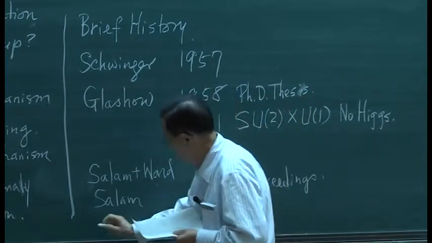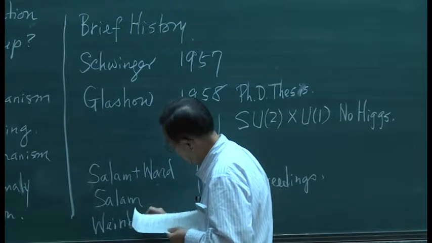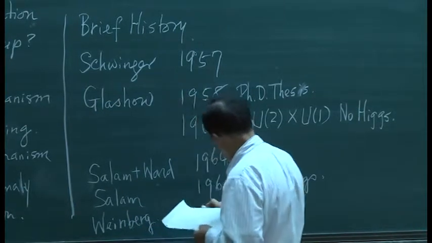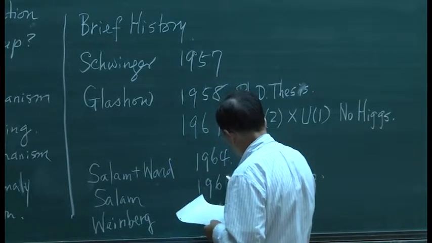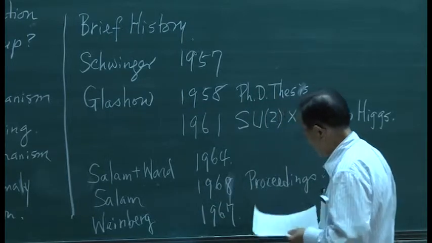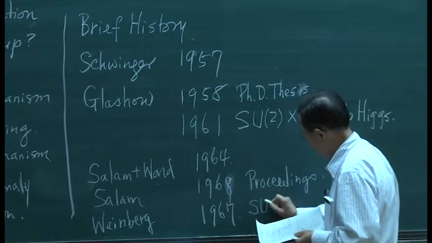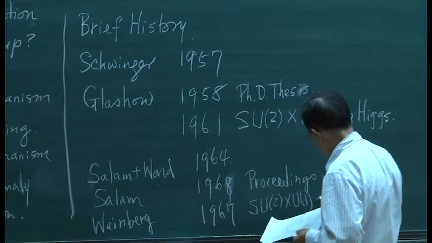And finally, Weinberg. This is 1967, okay? And here, he used SU(2) cross U(1), plus Higgs.